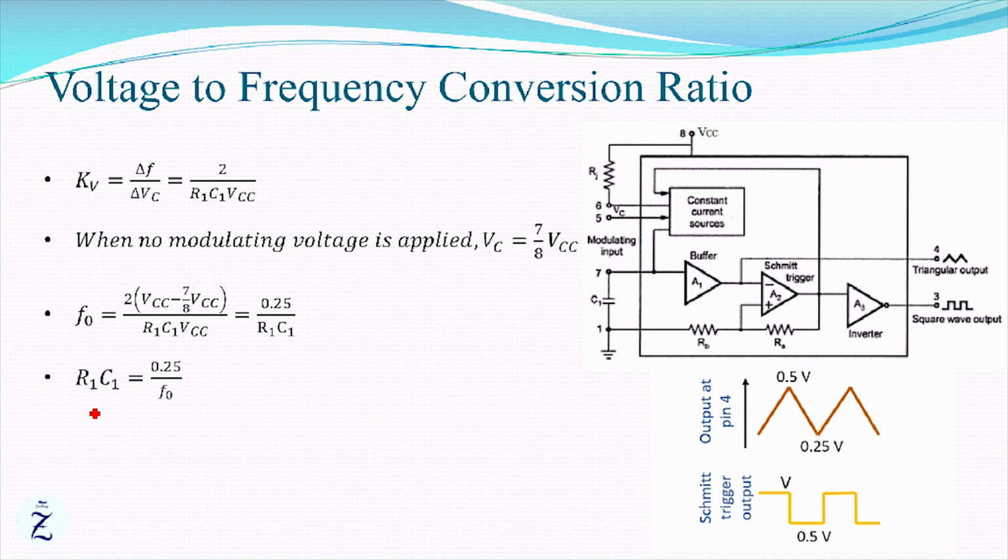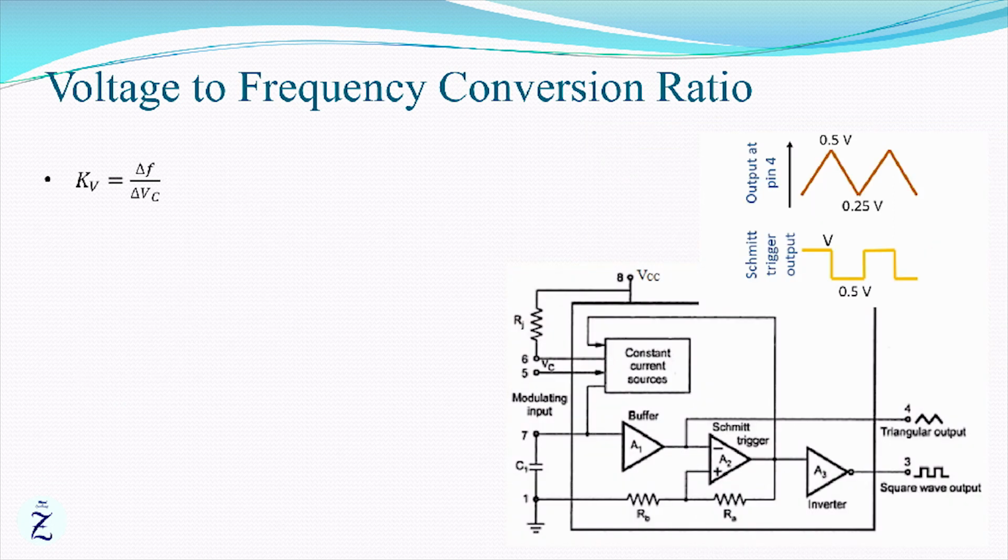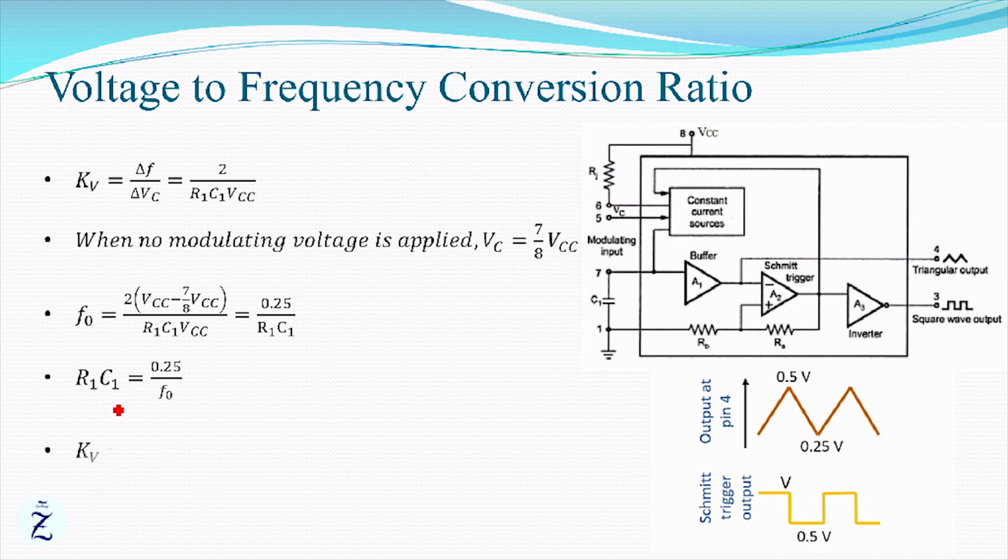This R1 C1 can be applied in the equation for kV, hence we can rewrite kV as equal to 2 divided by (0.25 divided by f0) into VCC. Or it will be equal to 8 f0 divided by VCC.